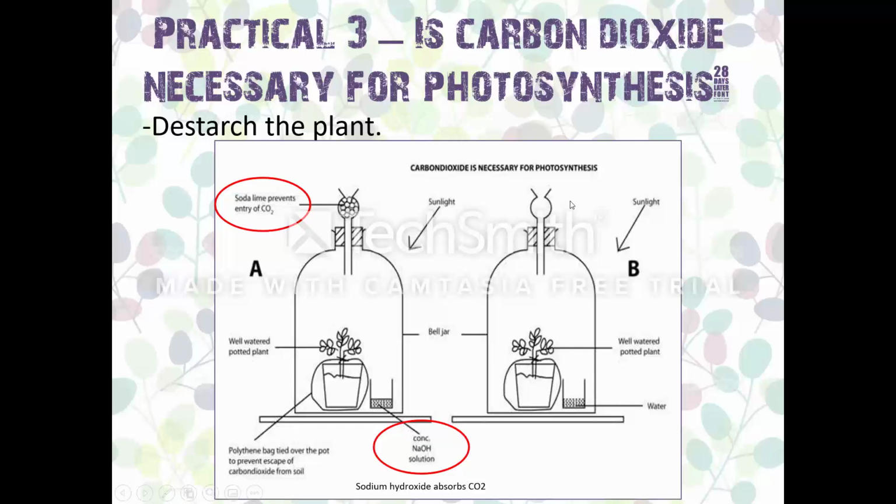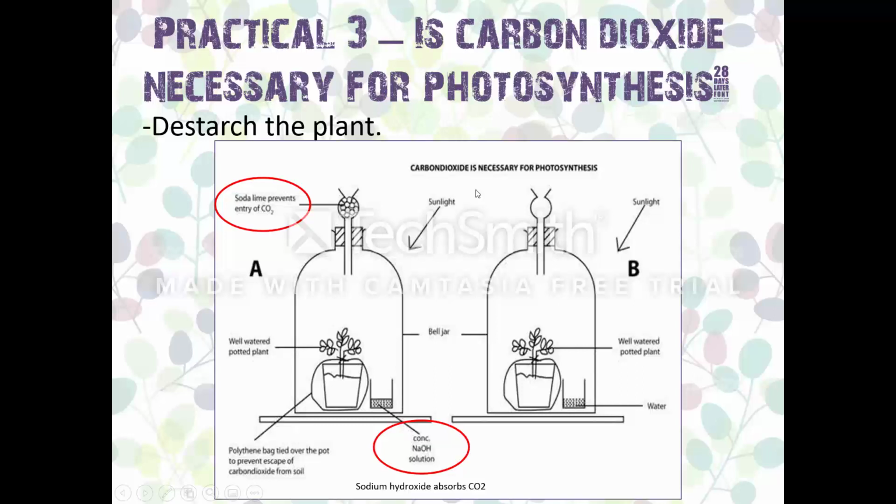When we set up this apparatus, obviously in the test over here, I'm going to have an entry point for carbon dioxide. So I need to seal this. I can't just close it off. I need to just prevent the entry. So I'm going to use soda lime, which is going to prevent the entry of carbon dioxide.